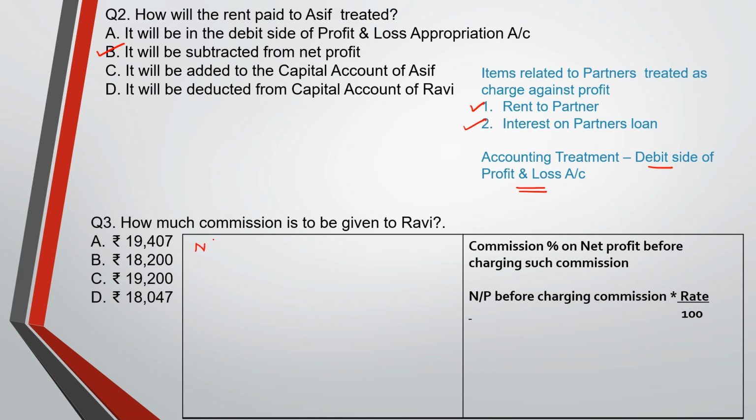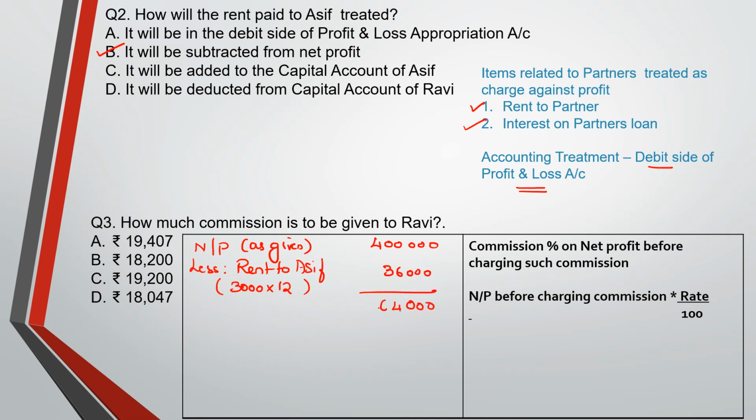So, first we take the net profit as is given to us, which is rupees 4 lakh, and we are supposed to deduct the rent to the partner Asif, which was 3,000 per month. So total of 36,000 has to be subtracted. So you are left with 3,64,000.